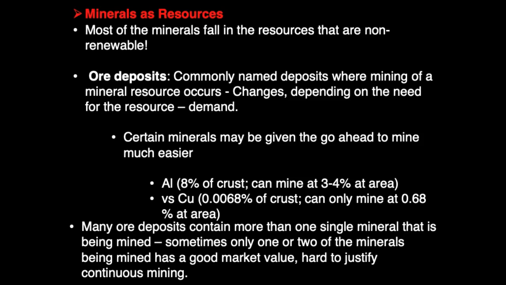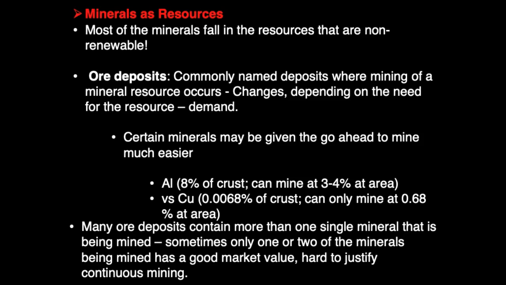So there are different regulations for the extraction of the different minerals based on demand, availability, and the methods that are used, etc. Something else to keep in mind is that many ore deposits contain more than one single mineral that is being mined. Sometimes only one or two of the minerals being mined has a good market value, which makes it hard to justify continuous mining.